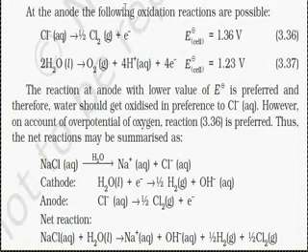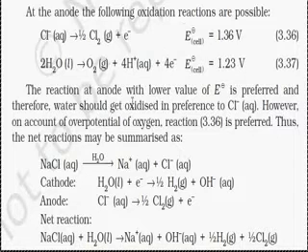At anode, the following oxidation reactions are possible. Cl- gives you half Cl2 plus electron, E naught cell is equal to 1.36 volt. 2H2O gives you O2 plus 4H+ plus 4 electrons, E naught cell is equal to 1.23 volt.